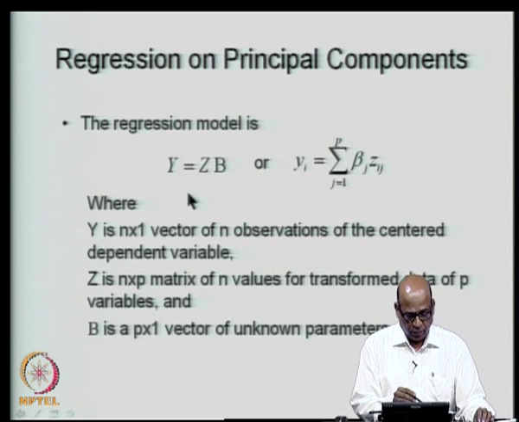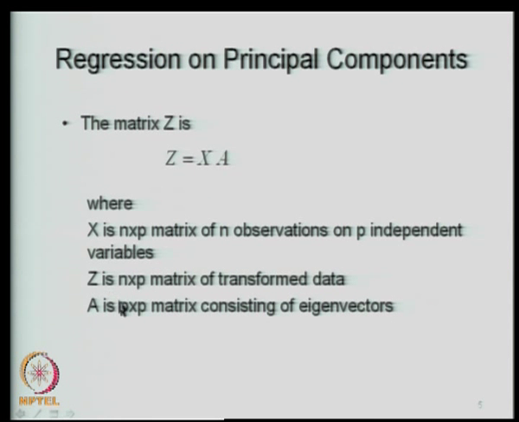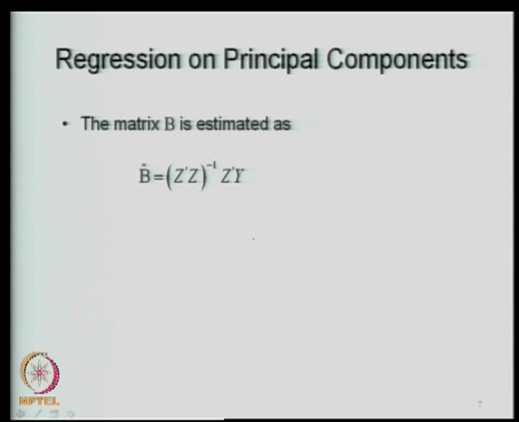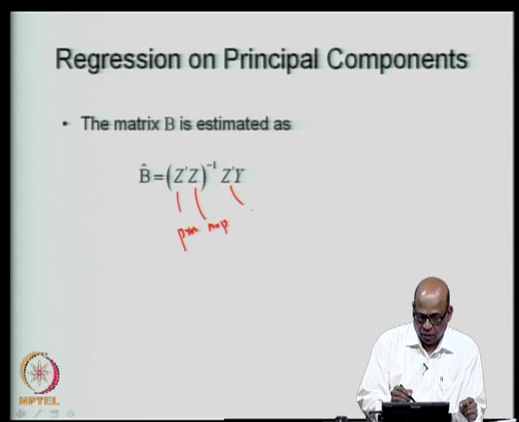So, let us look at the dimensions now. What is z? Z is n by p matrix. So, this is p by n z dash, and z is n by p, and therefore, you will get p by p, and z dash is again p by n, and this is n by 1.